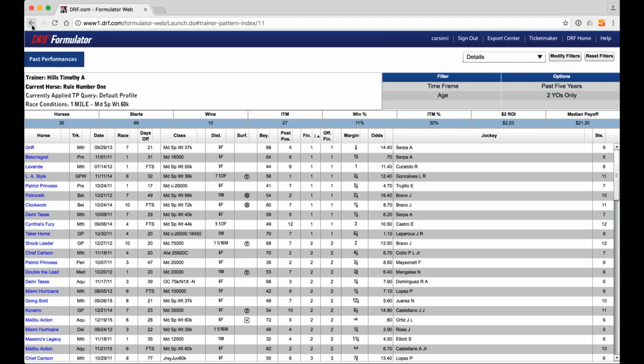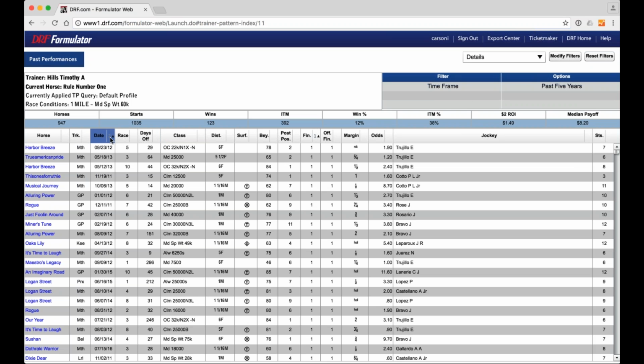But the more categories you add, for example, first time off the claim, dirt, sprint, amount of days, if I can use up to eight different categories to come up with a stat, and if I see a 4 for 5 stat, like I'll show you later, that to me is extremely strong because you're using 8 categories to get to that stat.